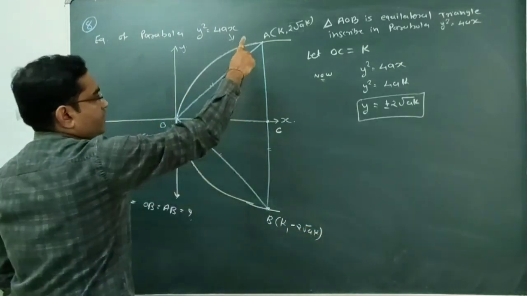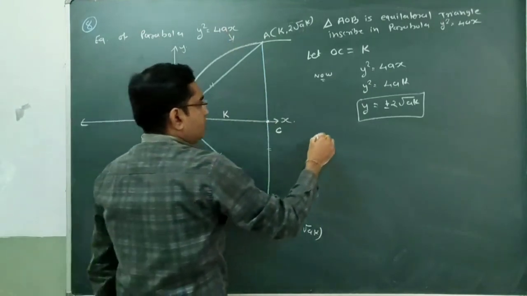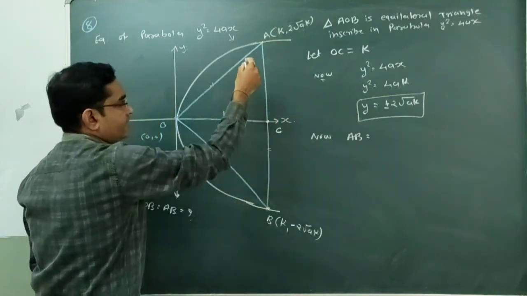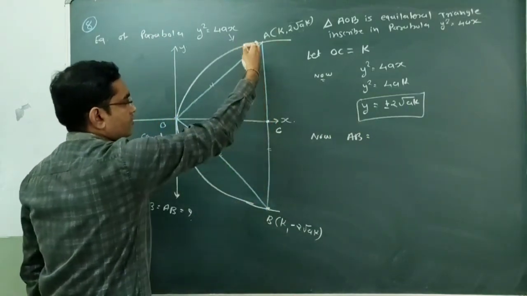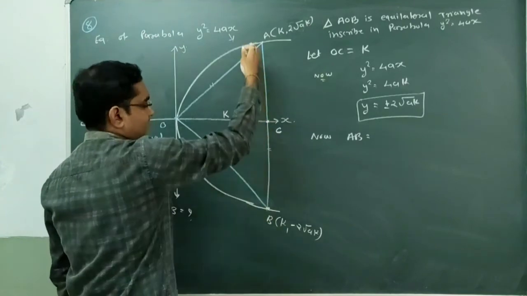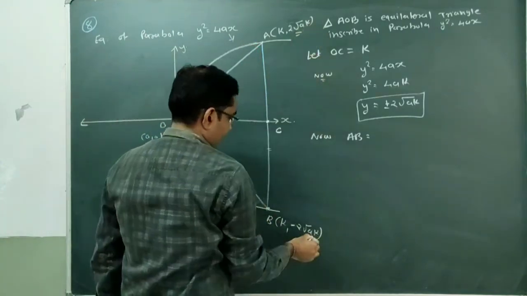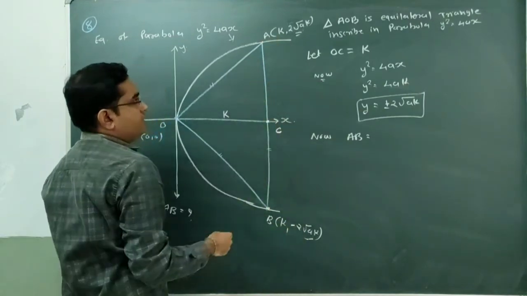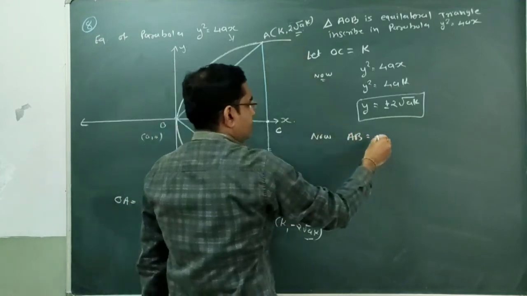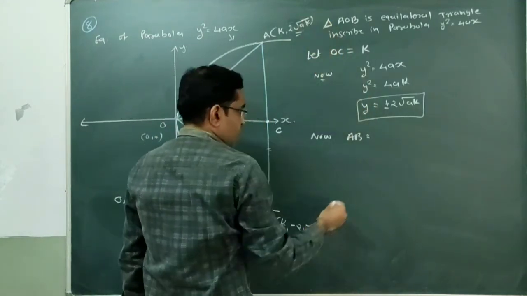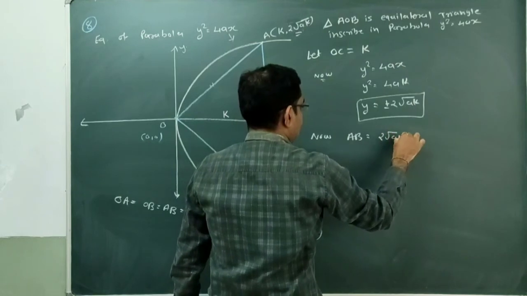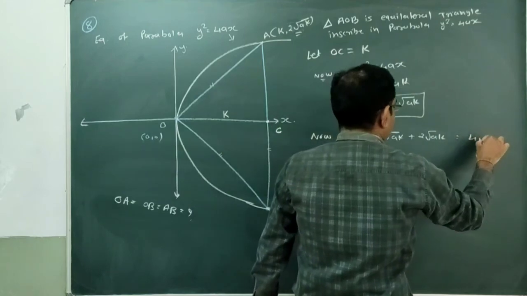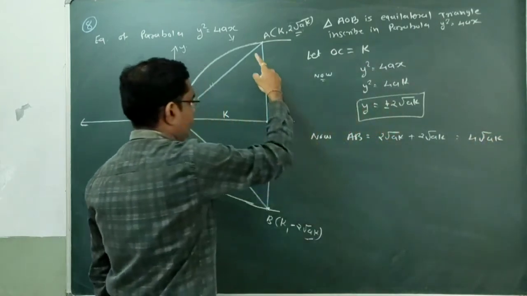Length of AB: it's perpendicular to x axis, so it's parallel to y axis. So length of AB will be the difference of y coordinates, x coordinate is constant. So AB will be 2 root ak plus 2 root ak, that is equal to 4 root ak. This is the length of AB.